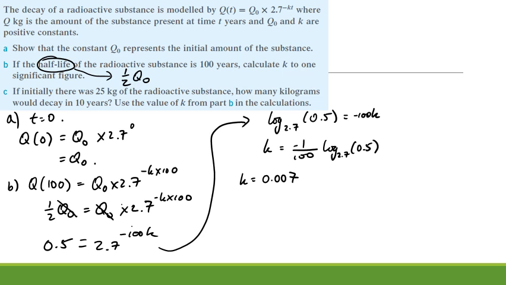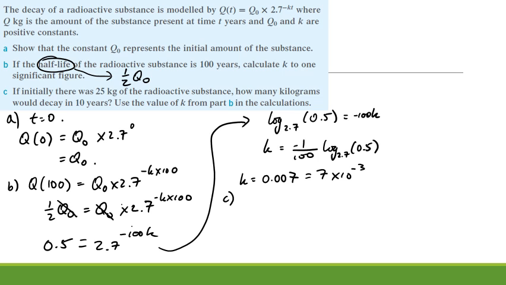Now it says to one significant figure, so we can leave it like that. There are possibly more decimals, but we can just leave it there. Or if some of you are pedantic about it and want to write it in scientific notation, that's 7 times 10 to the power negative 3. But I'm going to use 0.007 for our answers.